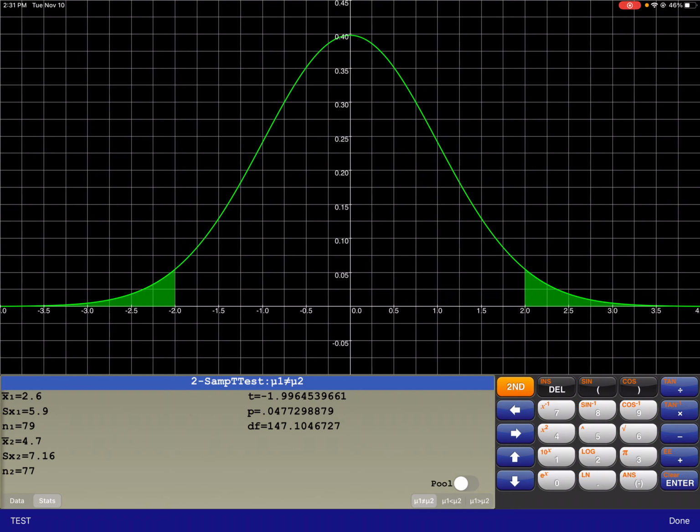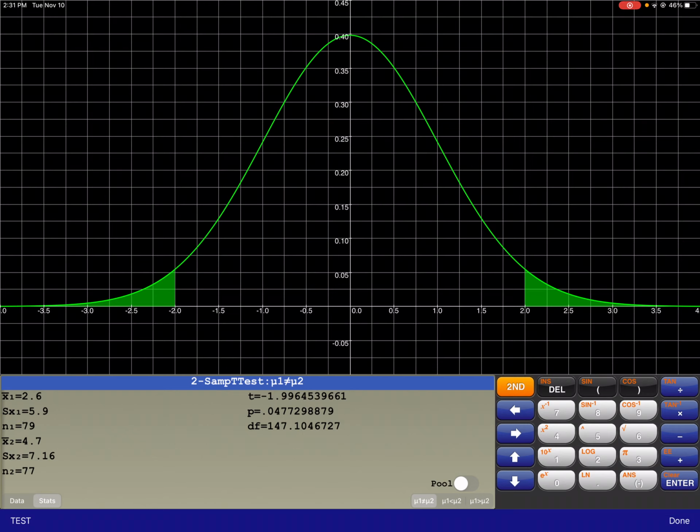Notice our t-value is exactly what we had before, negative 1.99, and our degrees of freedom is exactly right. Our p-value looks slightly different, but it's still greater than 0.01 in this case. So we're still safe in saying that we fail to reject.